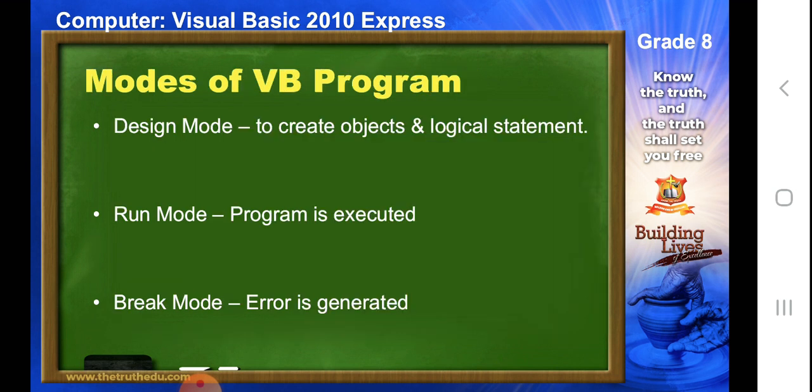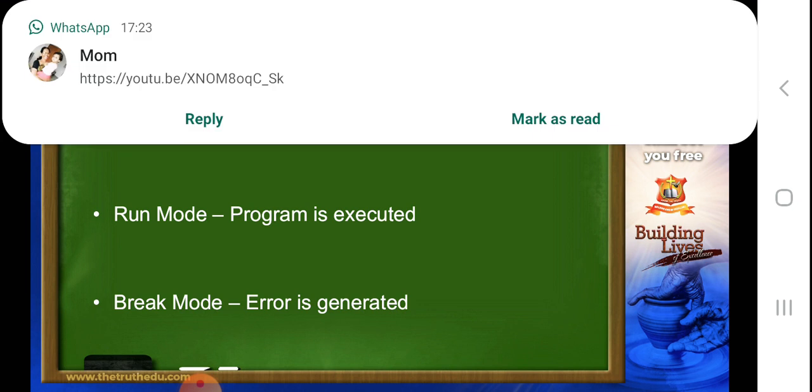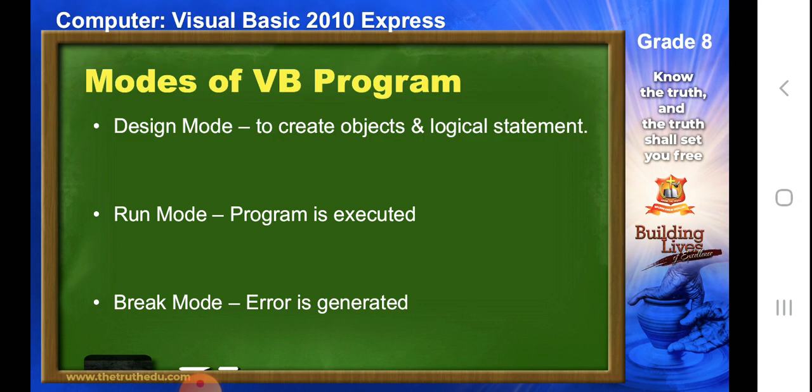So next comes the modes of programs. Students, what are the modes of programs? Modes of programs means there are 3 steps or 3 different categories in which a program works. The first is the design mode. That is the first step for us. In design mode, we create the application.